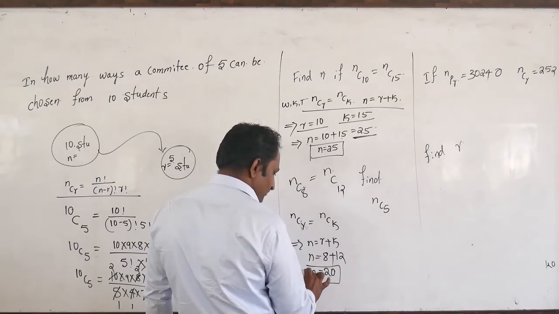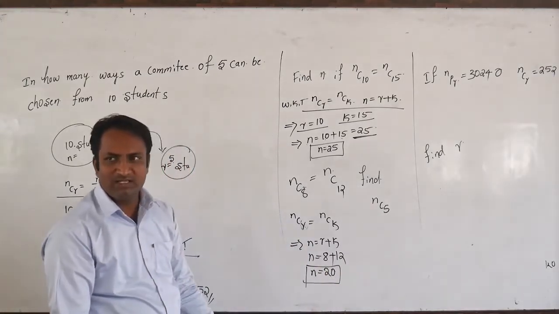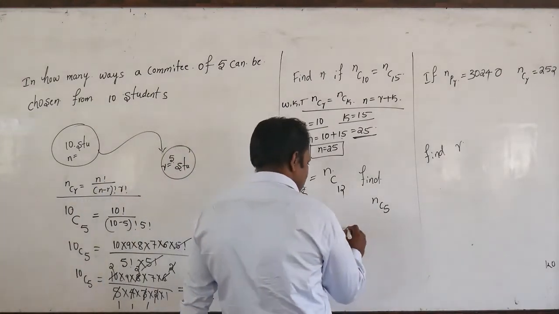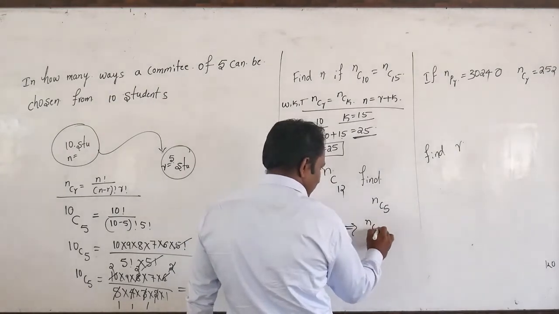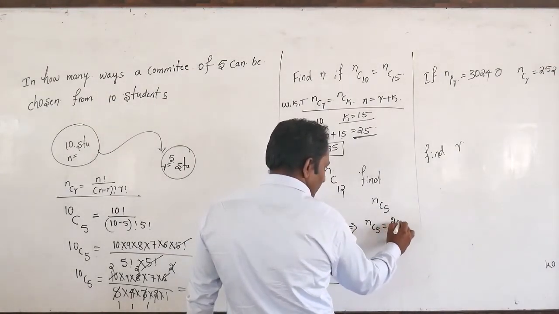We know the n value, that implies nC5 is equal to 20C5.